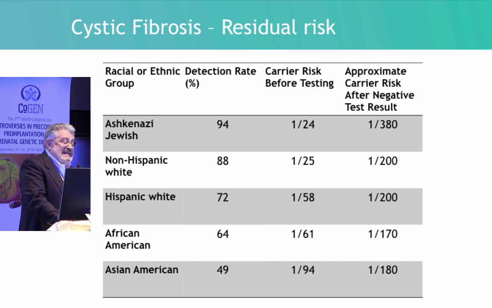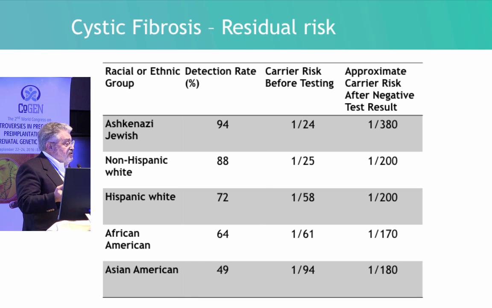If you look at the detection rates, and this is for the recommended 23 mutation panel, you can see that the detection rates vary between the different ethnic groups, from a 94% detection rate in Ashkenazi Jewish populations to a 49% detection rate in Asian Americans.